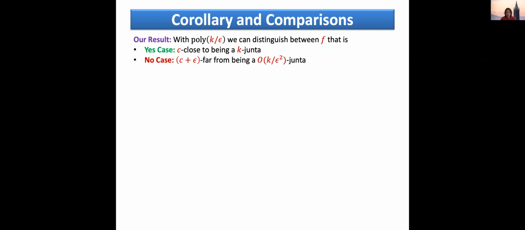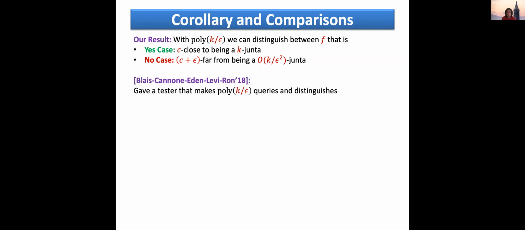So in terms of practicality, this algorithm is much more practical because it's polynomial query in time, but it's not our advertised main result. But for reference and comparison, there have been similar results of this type.